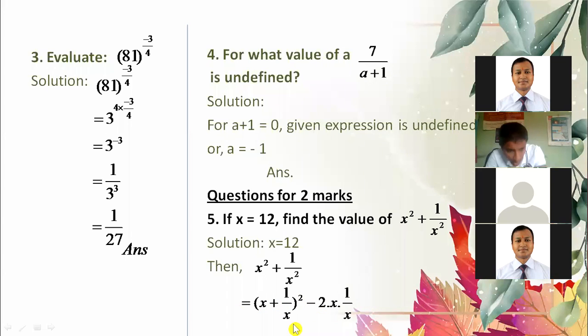So in place of x plus 1 by x, I substituted the value of x. Here I put 12 plus 1 by 12 whole square minus 2 into 1, it is 2 only. Minus 2. Now 12 into 12 plus 1 is 12 into 12, 144 plus 1, 143 by 12, its square minus 2.